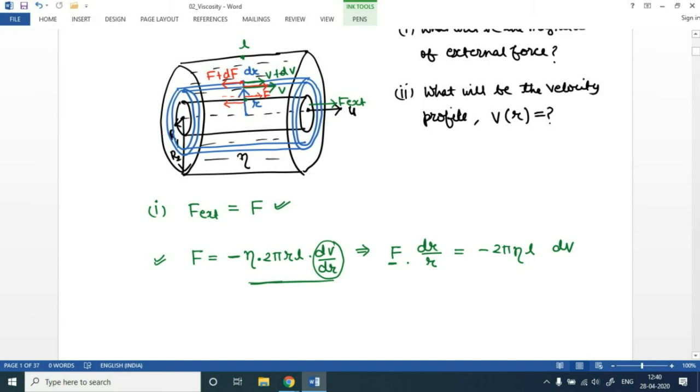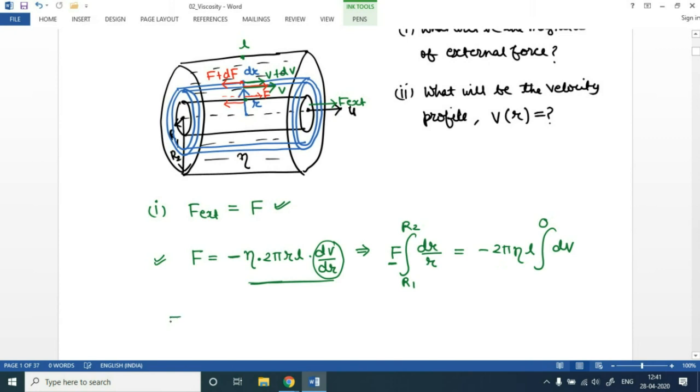And now we must integrate with appropriate limits. Let's say we are integrating; all these terms which we have taken outside of the integration signs are constant. So for example, at r is equal to r1, the velocity of the liquid layer is nothing but u, and at r is equal to r2, the velocity of liquid layer is equal to 0.